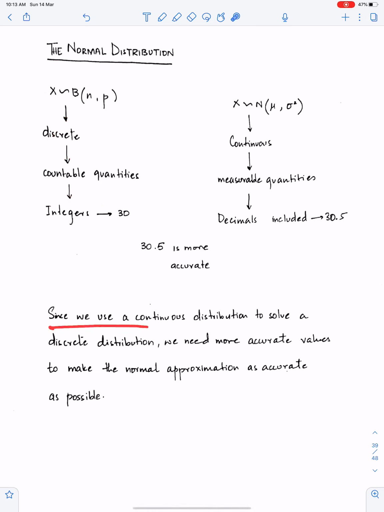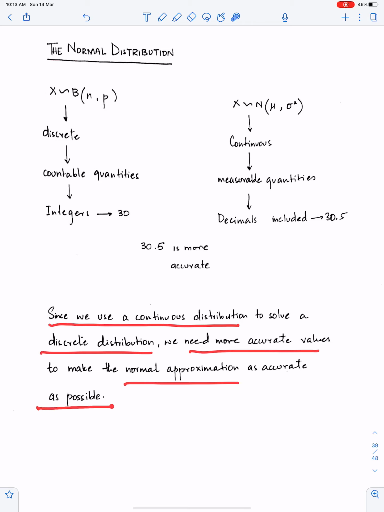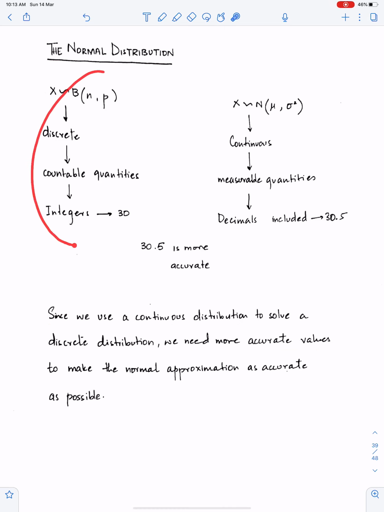Since we use a continuous distribution, the normal distribution, to solve a discrete distribution, the binomial distribution, we need more accurate values to make the approximation as accurate as possible. If the question is binomial and you can solve it through binomial, you will get the exact answer.